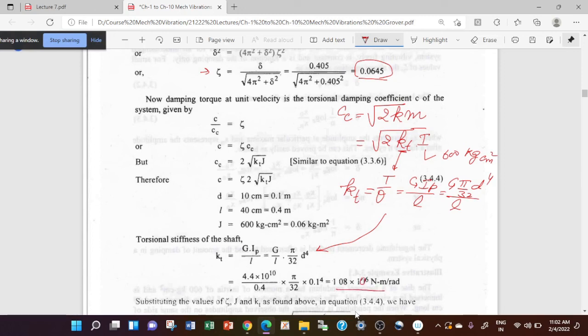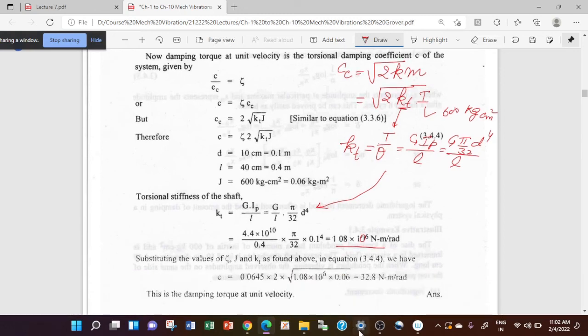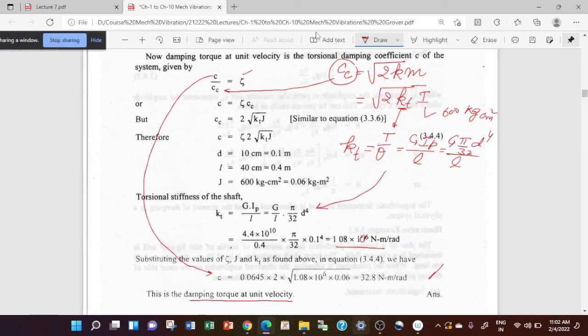So you know Kt, you know the I value here, so you can find the Cc from this. Once you have got the Cc, and you have already found the zeta, you can find the C here, and this comes out to be this value. This is your damping torque at unit velocity. This is your second answer.